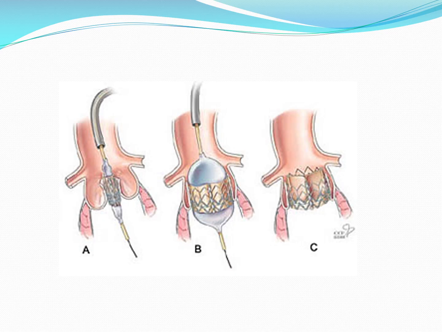You deflate your balloon and you pull out your catheter, leaving the new valve in place. So this is just modern technology. This is done here at AUB, and it is a very rewarding procedure.